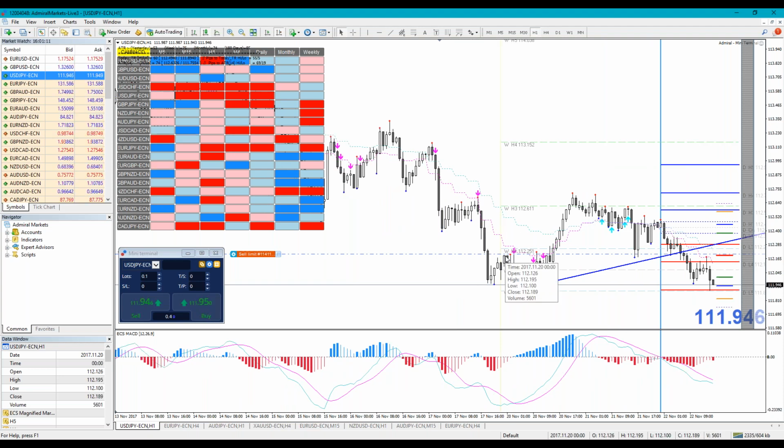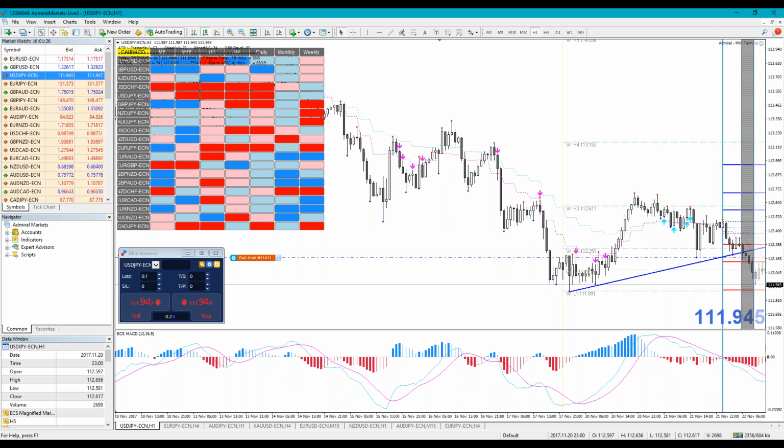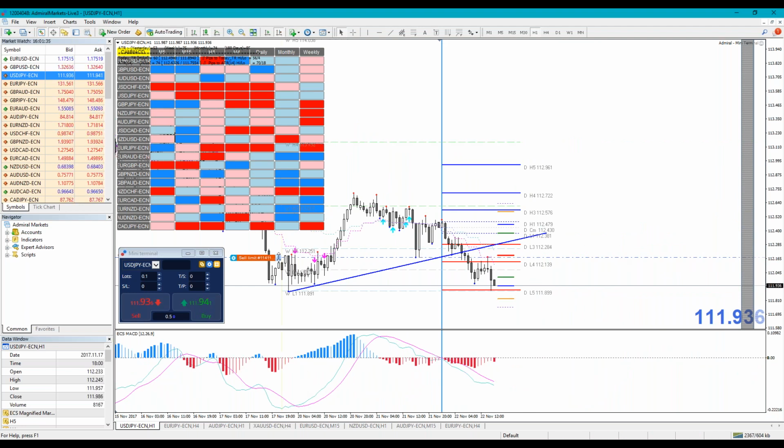I made some 10, 15 pips, but then maybe because I saw these wicks here, I should have closed it. I didn't close it, and I lost the trade. So if my system gave me a signal, I still need to assess the validity of the signal. It's not like just go up and down. We still need to assess the validity of the signal.